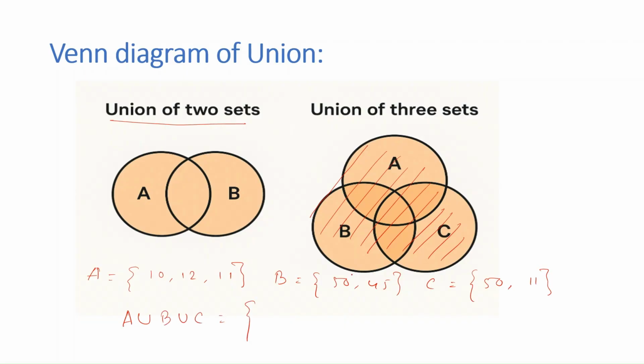That is all the elements from these three sets. So 10, 11, 12, 50, 45 from B, and look at C. The elements in C already exist in B and A, so we need not write them again. So this represents A union B union C, union of three sets.